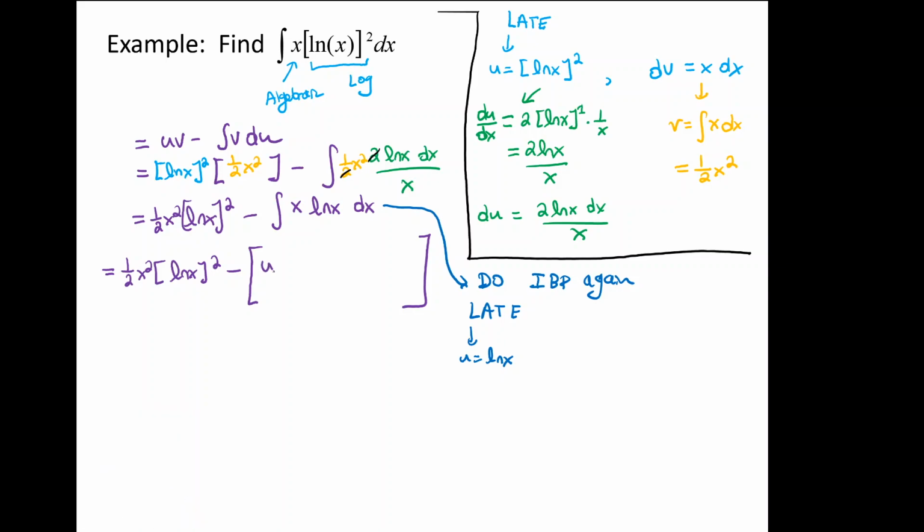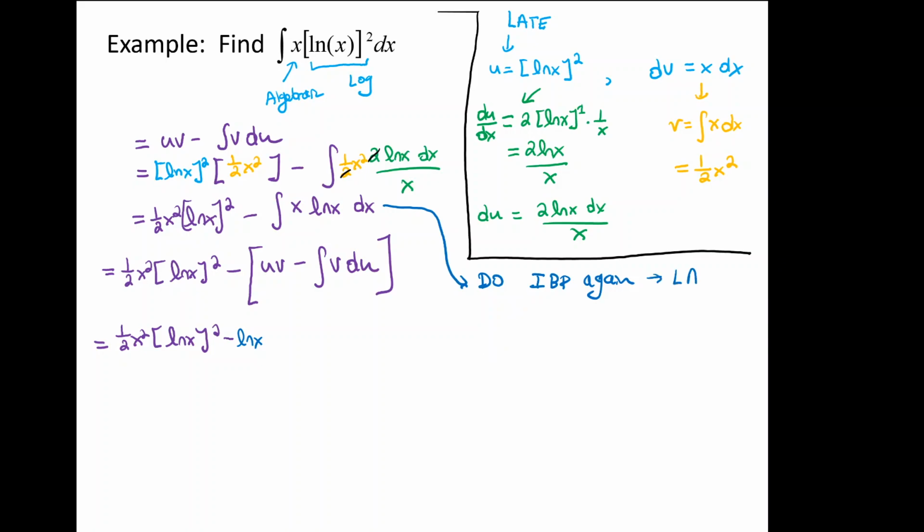We're going to have uv minus the integral of v du. One half x squared times ln of x all squared minus, so u times v, we have a ln of x term for u.